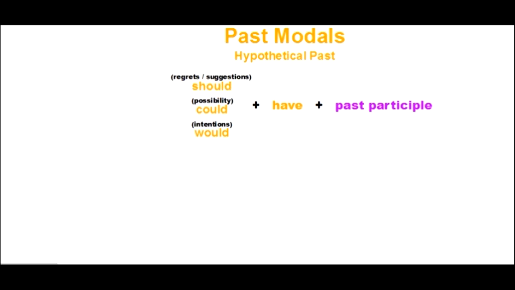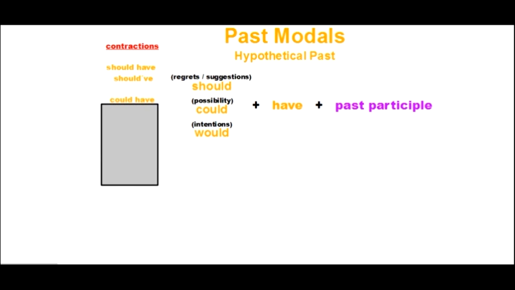Now, quickly let's look at some contractions that we can make with our past modals. So we use the contraction with our modal verb and our auxiliary verb. For example, should and have, we can put those together and make the contraction should have. Again, repeat with me. Should have. Should have. Good.